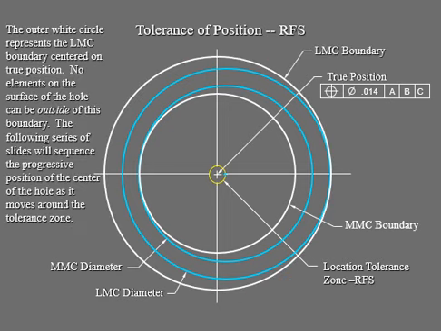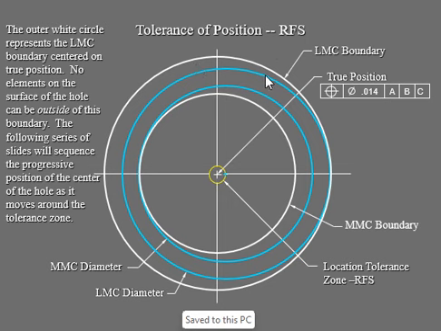Okay, now we're going to bump up to another boundary, which is this one. For the LMC diameter, this blue line is here, and this is your diameter for LMC, and that's the diameter for MMC. But when you look at the boundary where that LMC can't come out, it is here.